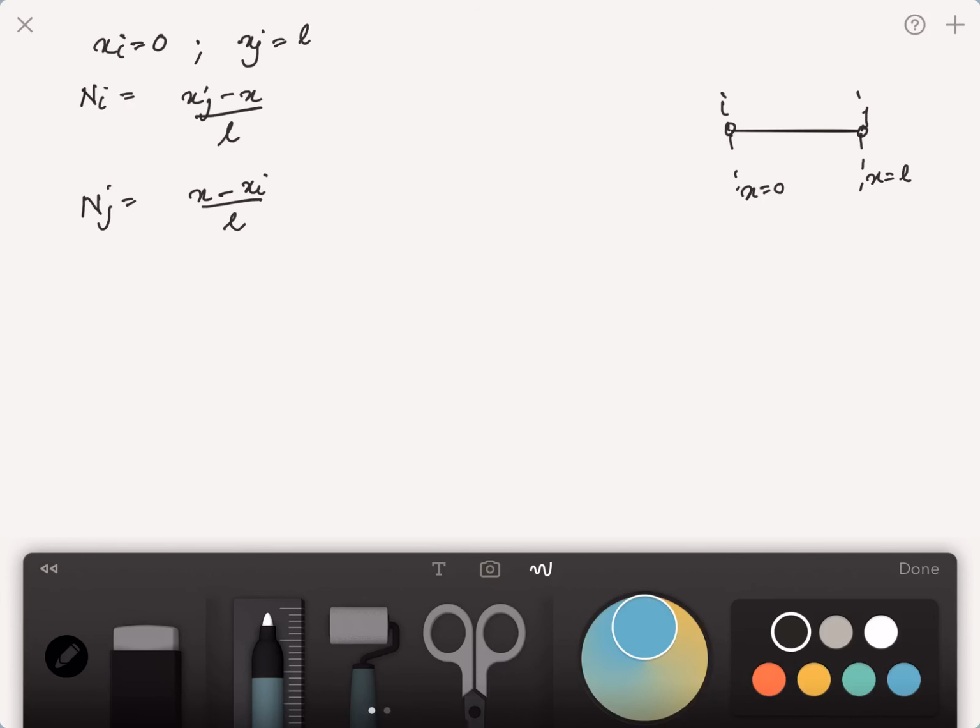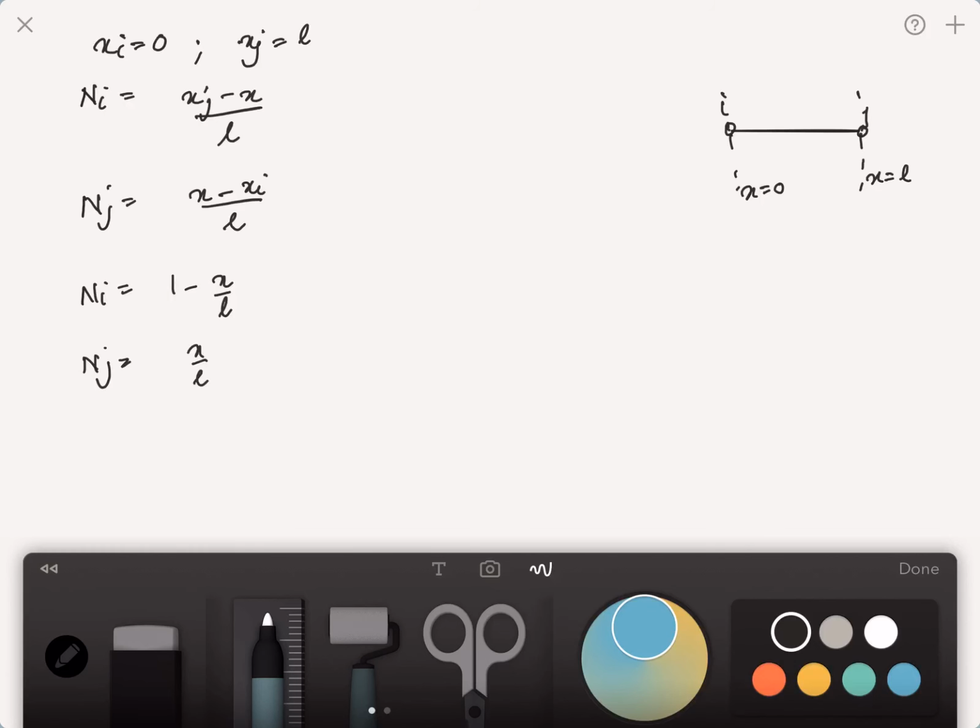So if I now substitute the values of xi and xj, then I would get Ni is equal to 1 minus x by L, and Nj would be equal to x by L.